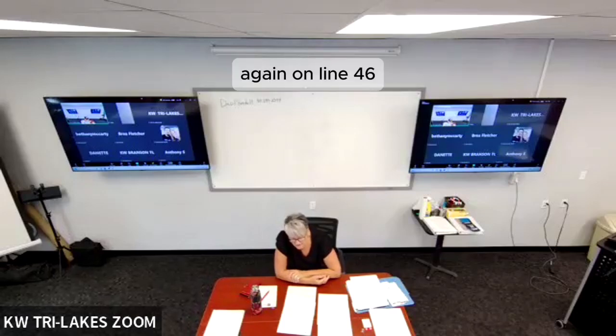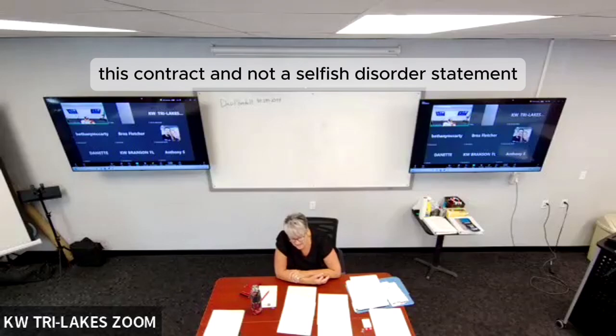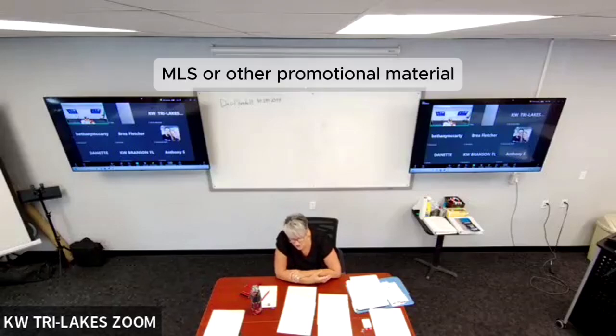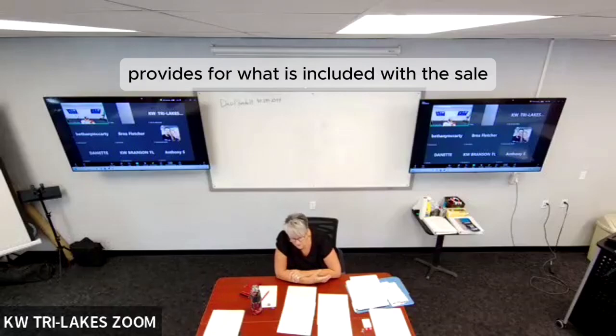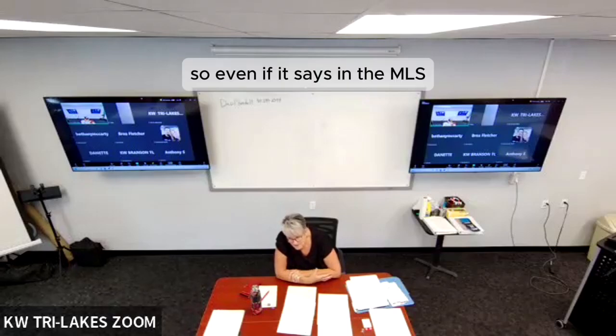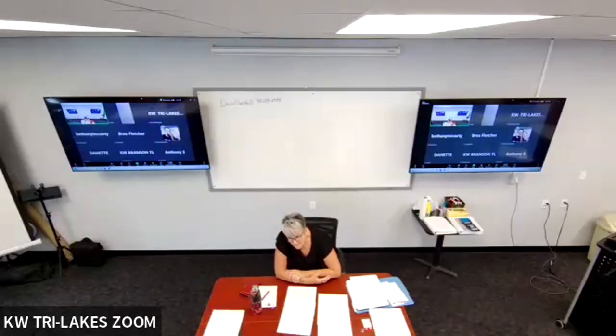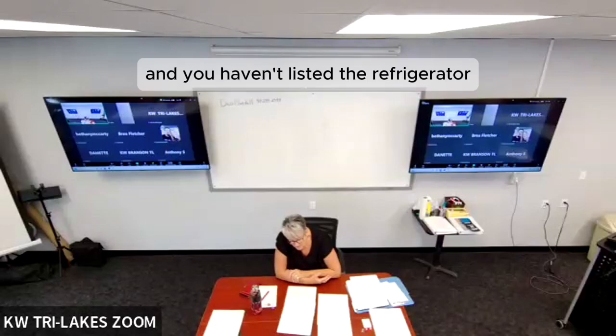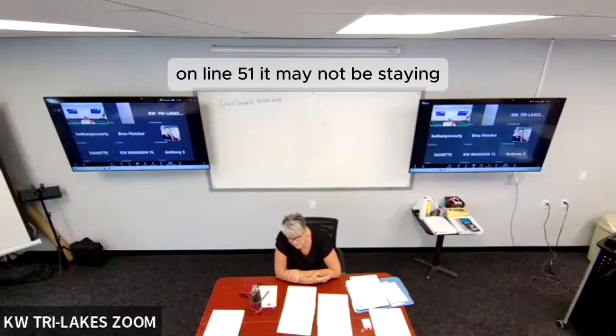Again, on line 46, this contract, and not a seller's disclosure statement, MLS, or other promotional material, provides for what is included with the sale. So even if it says in the MLS the refrigerator is staying, and you haven't listed the refrigerator on line 51, it may not be staying.